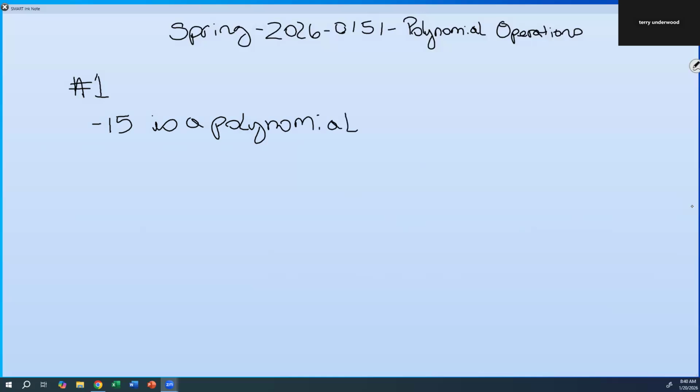And we already said in the first part of this video, this negative 15 can be the end of a polynomial. You have, for example, 2x minus 2x to the third power plus 12x to the second power minus 5x minus 15. So this negative 15 is the constant. Negative 15 is the constant.